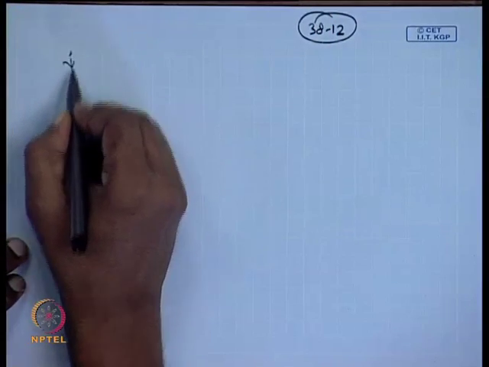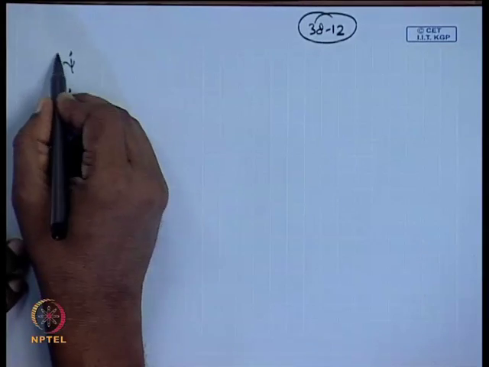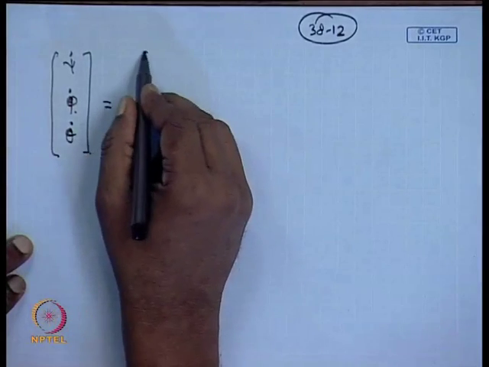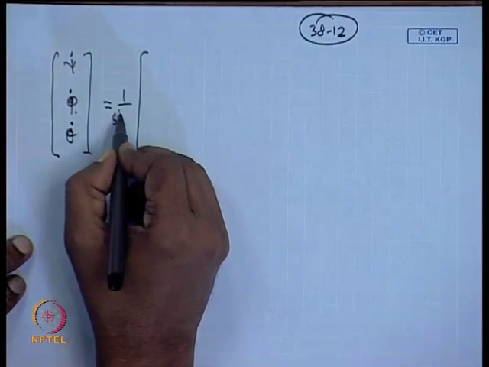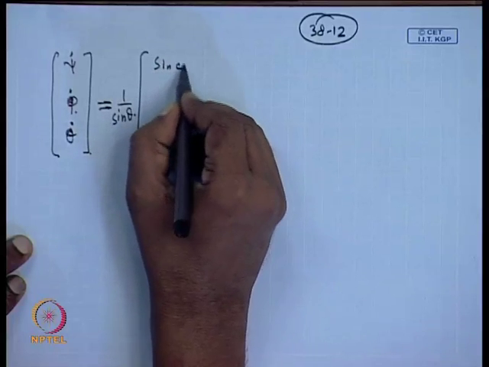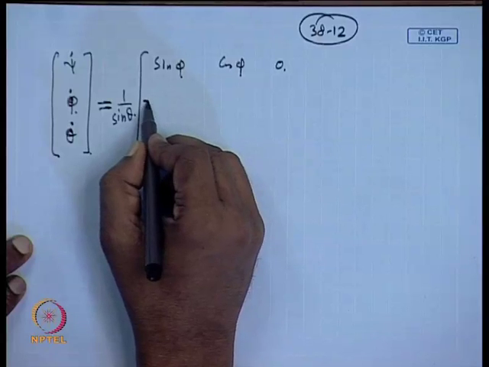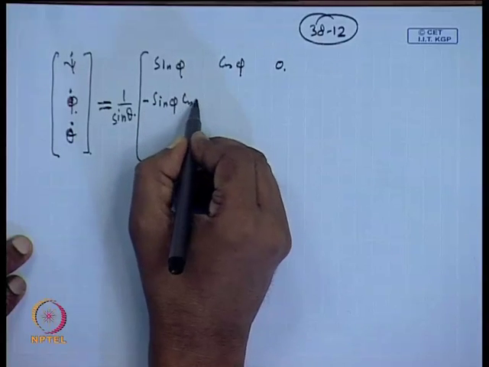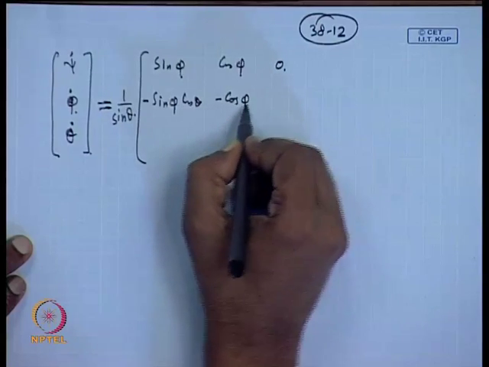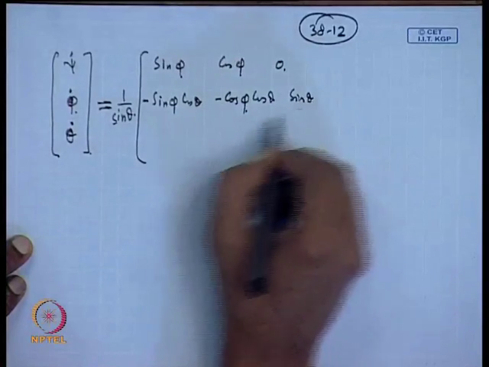So, if you do that, psi dot, phi dot and theta dot can be written as 1 by sin theta times sin phi, cos phi, 0, and then minus sin phi cos theta, minus cos phi cos theta, sin theta.